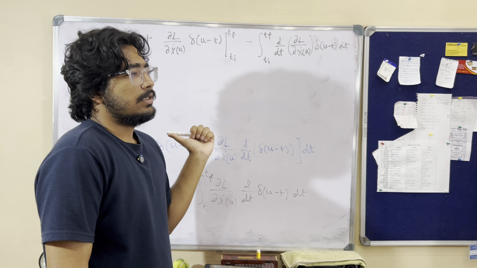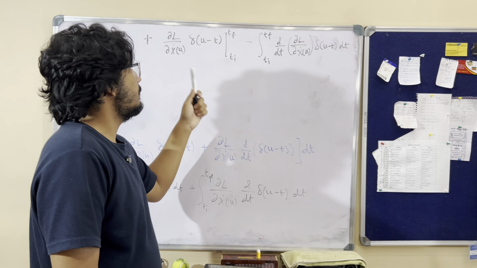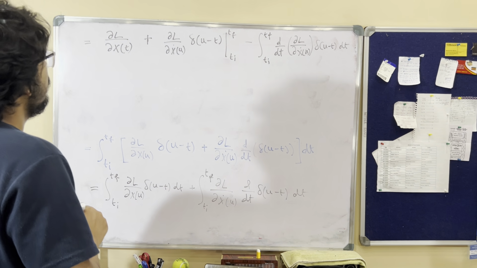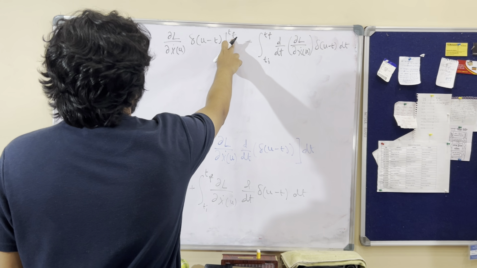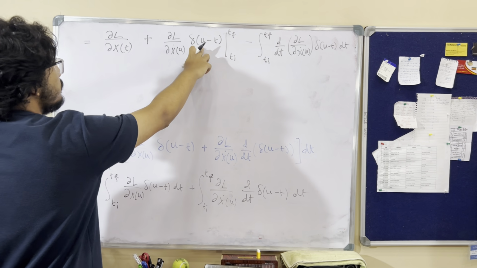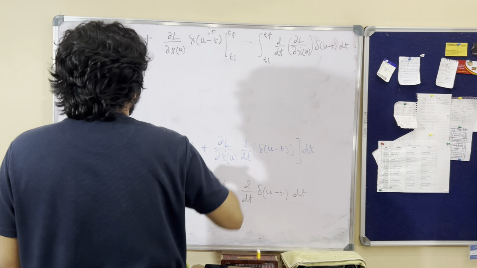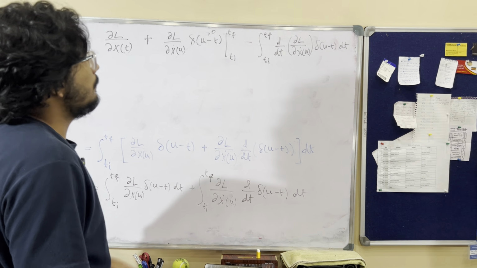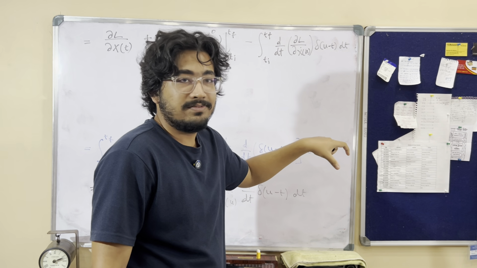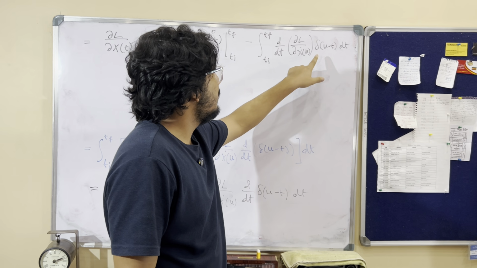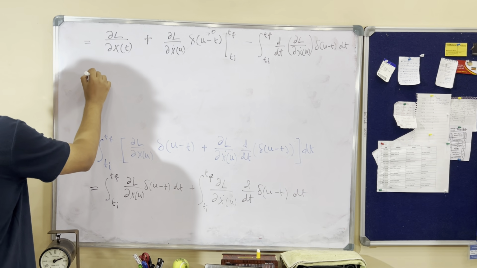Okay, and now when t is equal to Ti and t is equal to Tf, this thing will give 0 because u is somewhere in between them, not equal to them. So this is 0. So we are left with that, and once again our Dirac delta functions are not anymore inside any derivative. So we can use the property by replacing all u's with t, and we will get something like this.